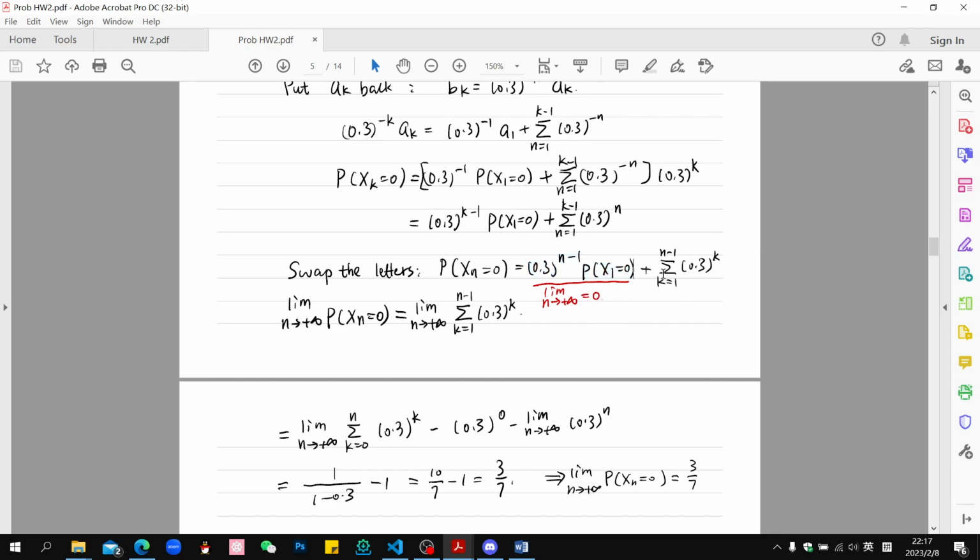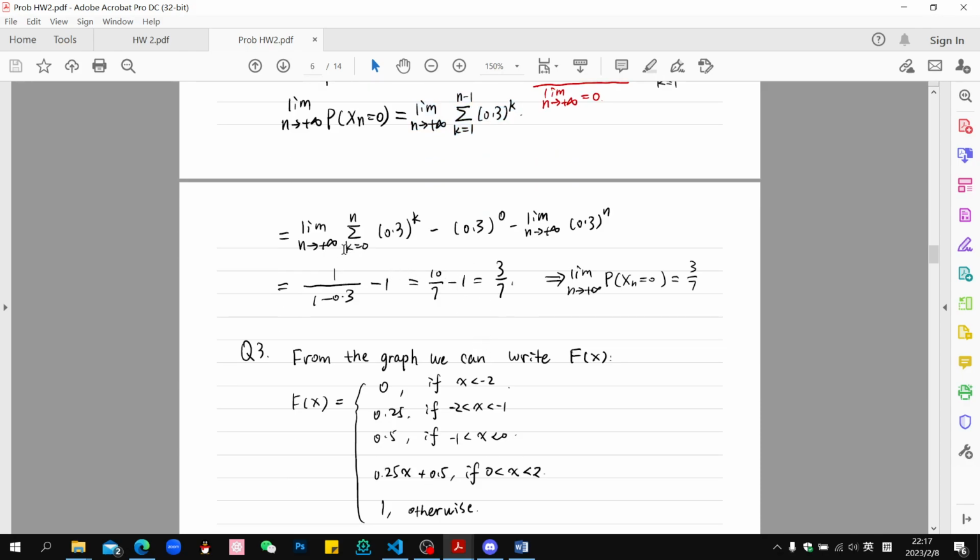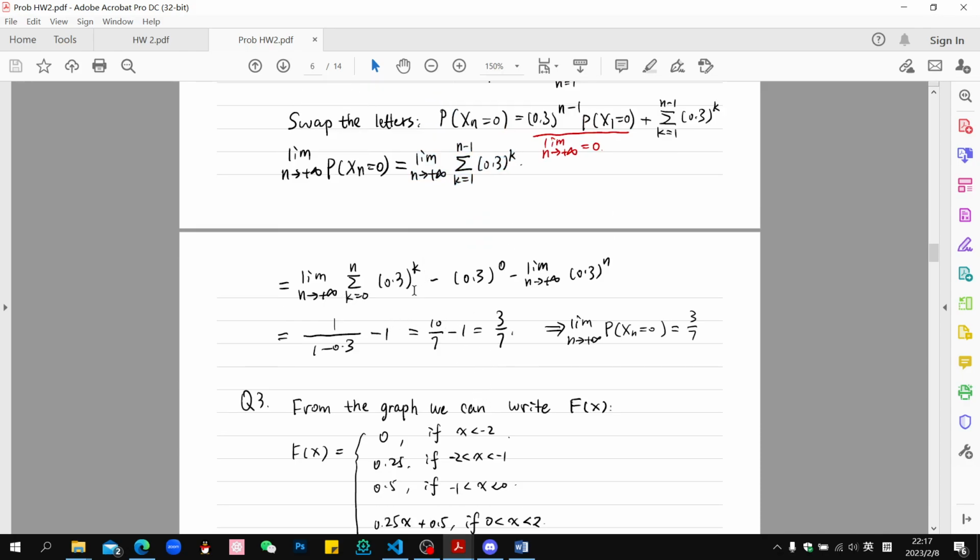And so we only need to calculate this limit as I have written here. So basically that's something that you can calculate with some basic math. This is a 0. This is a 1. So it's basically 1 over 1 minus 0.3, and then minus a 1. That is 3 over 7.